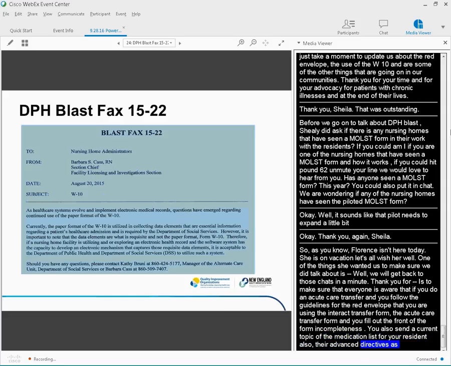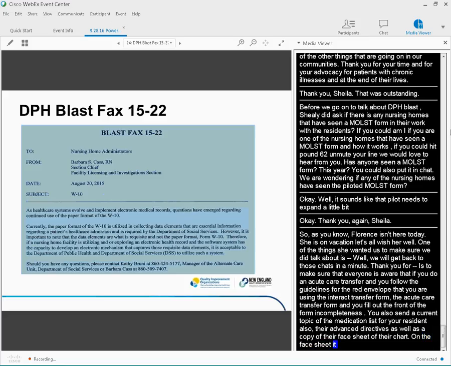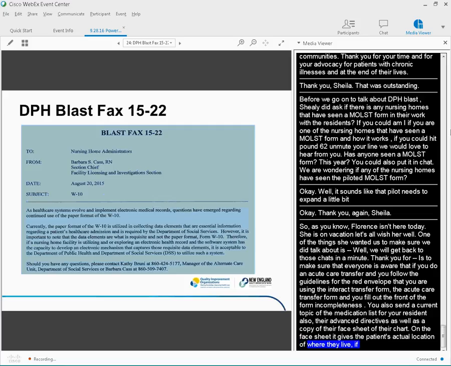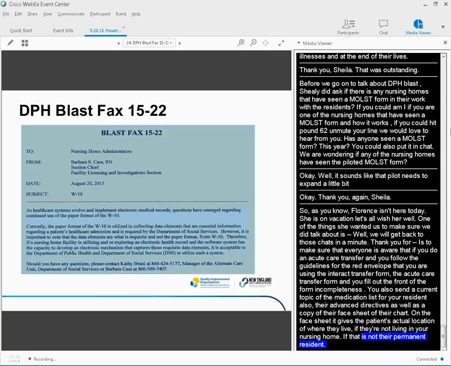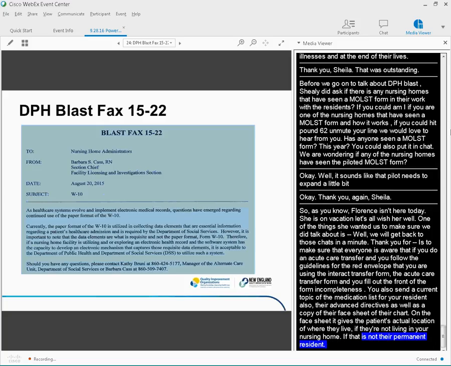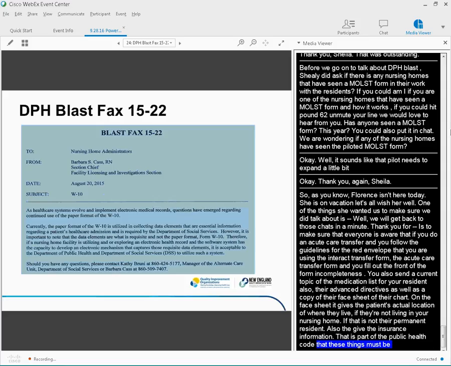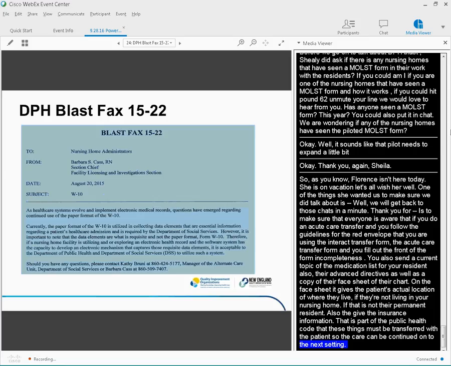The face sheet gives the patient's actual location of where they live if that's not their permanent residence, and also the insurance information. That's part of the public health code: these things must be transferred with the patient so the care can be continued in the next setting. So if you follow those guidelines, you do not need a W-10.